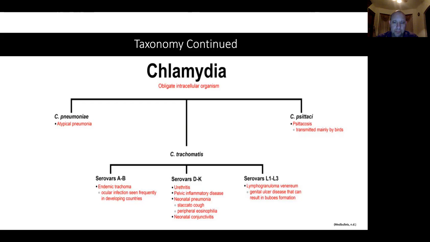Serovars D through K are mainly associated with pelvic inflammatory disease, neonatal pneumonia, and neonatal conjunctivitis. Serovars L1 through L3 are typically associated with genital ulcers that can result from bubo formation.